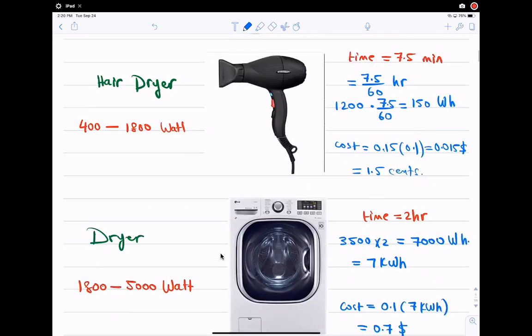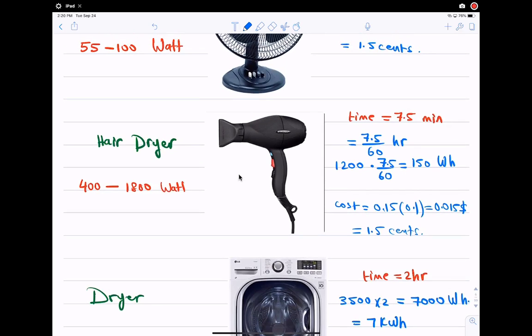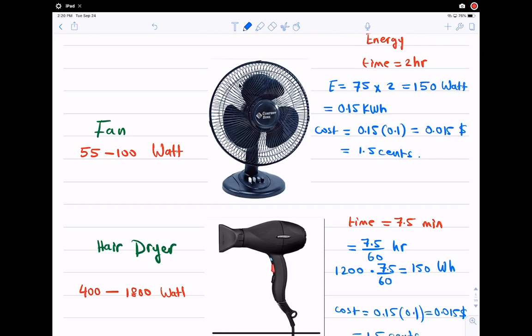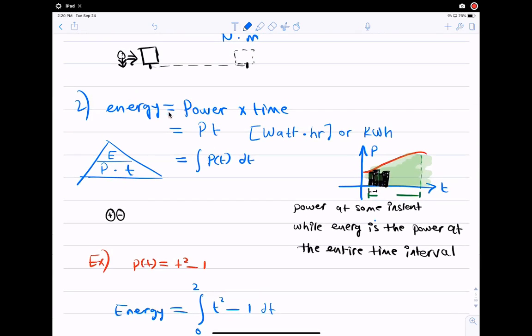This is higher. And then the clothes dryer is from 1800 to 5000 watts. So the clothes dryer maybe uses 3 times what the hair dryer uses, and maybe 50 times what the fan uses.